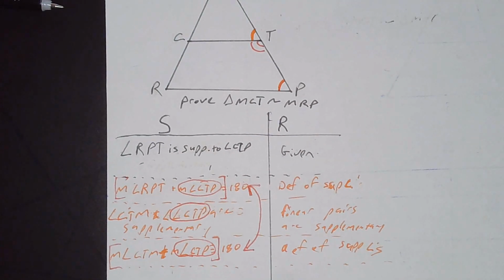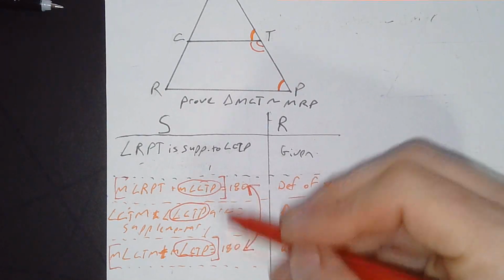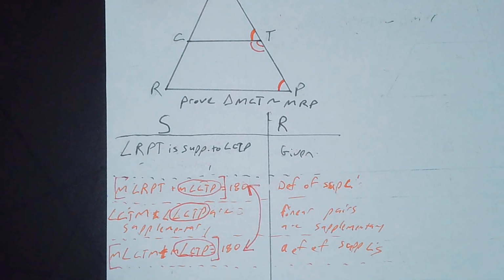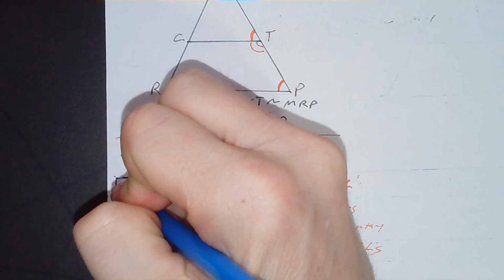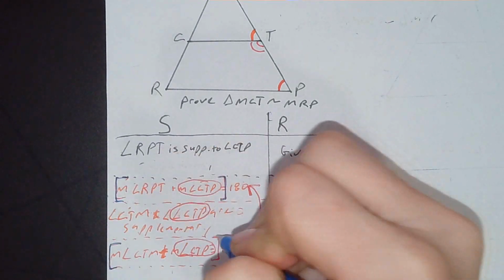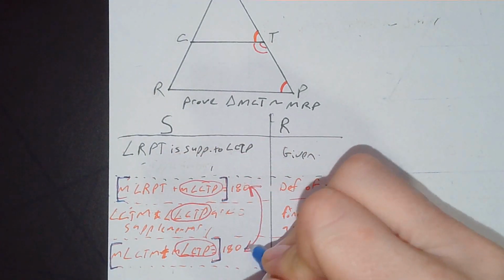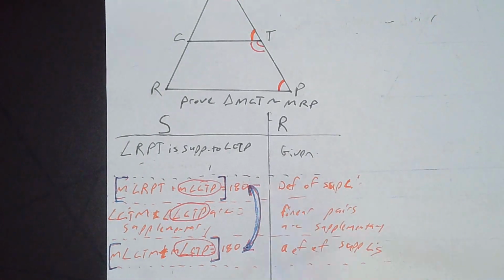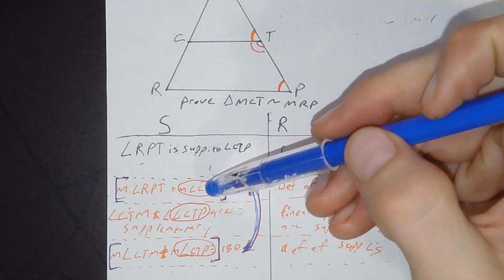I bracketed them off. They both equal 180, and both of them contain the angle CTP, right?